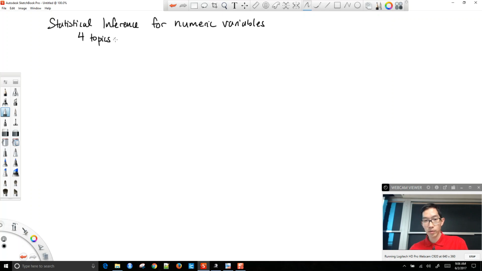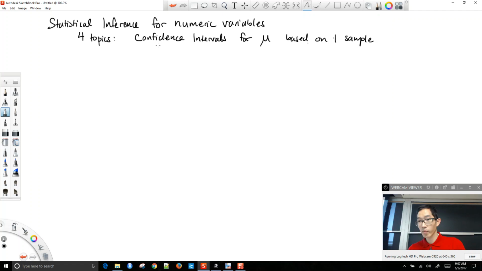These 4 topics, which are laid out for you on the formula sheet: we've got confidence intervals for mu based on one sample, and confidence intervals for the quantity mu1 minus mu2 based on 2 samples.